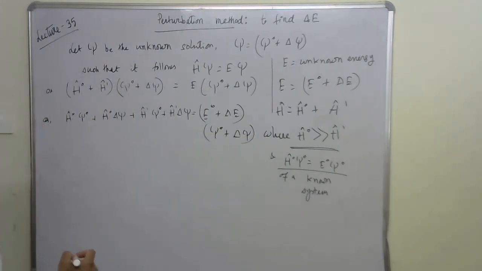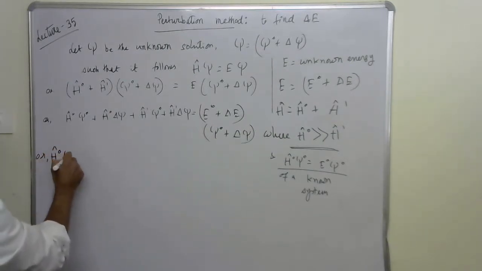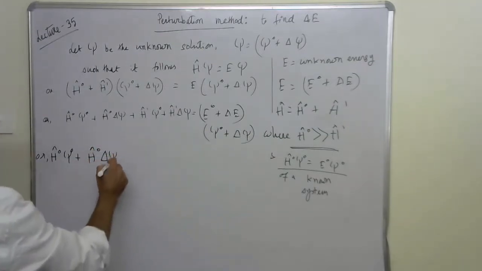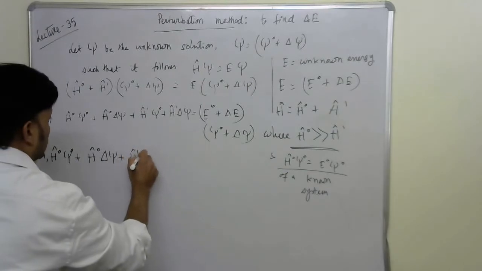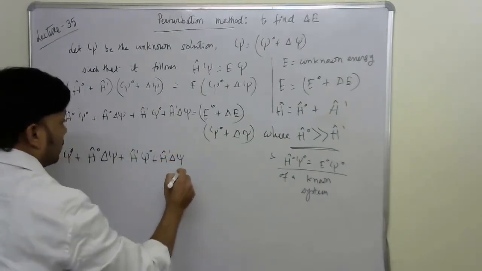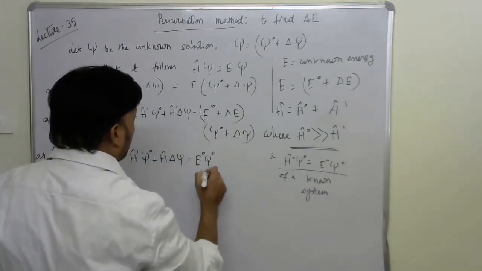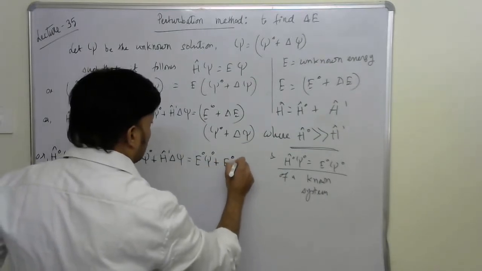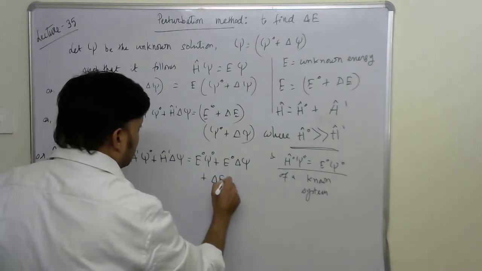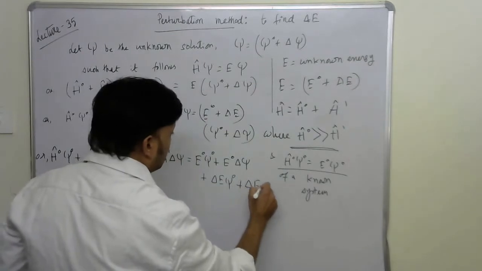I'm going to write one more step here: H0 psi naught plus H0 delta psi plus H1 psi naught plus H1 delta psi is equal to E naught psi naught plus E naught delta psi plus delta E psi naught plus delta E delta psi.